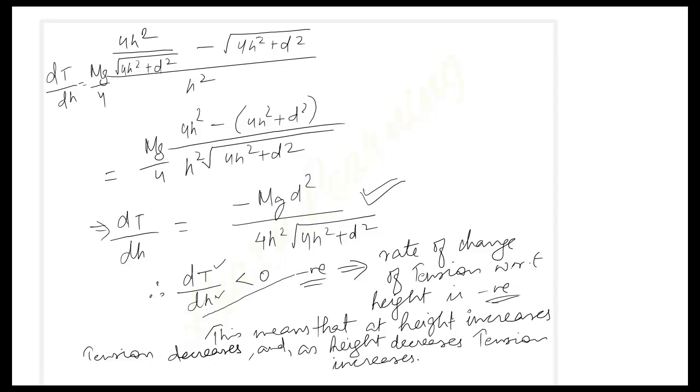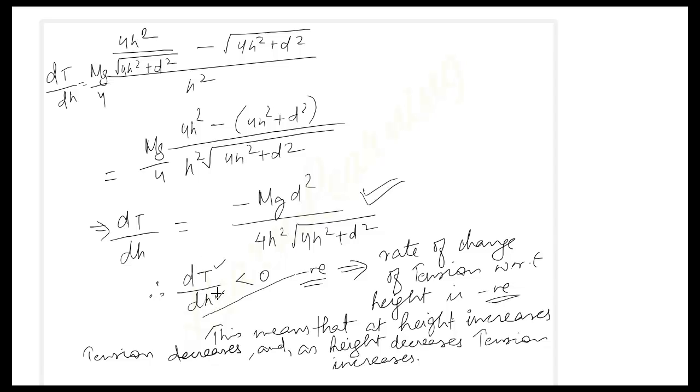Right? This is okay. So since the rate of change of T with respect to h is negative, when the depth is decreasing, the height here is depth actually. When we say the depth is decreasing, that means the man is going up.